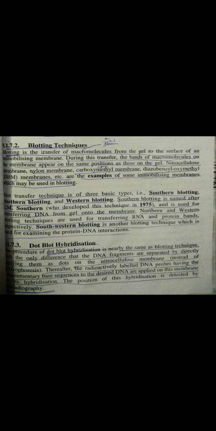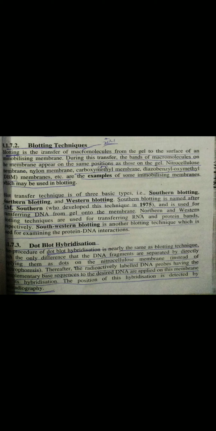Now the blot transfer technique has three basic types: southern blotting, western blotting, and northern blotting. Southern blotting is named after the scientist E.M. Southern, who developed this technique in 1975.